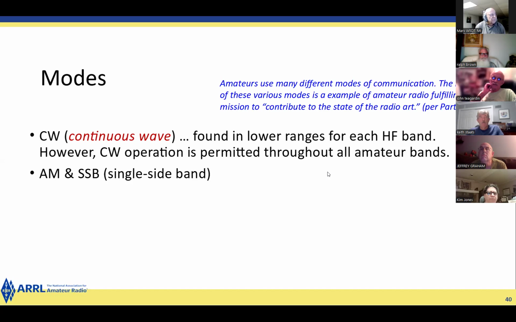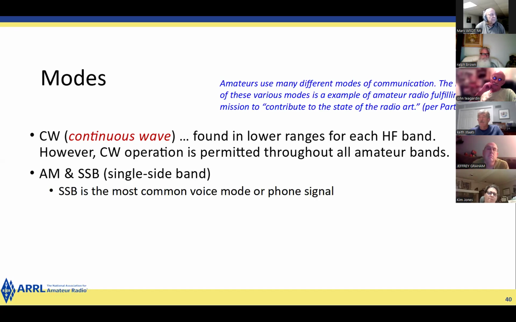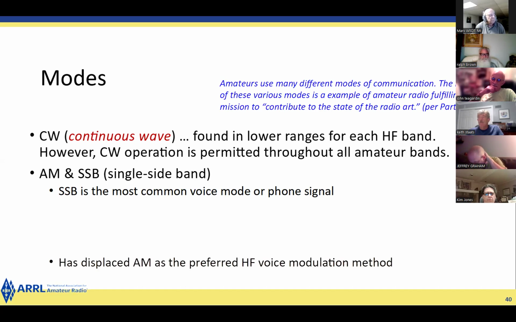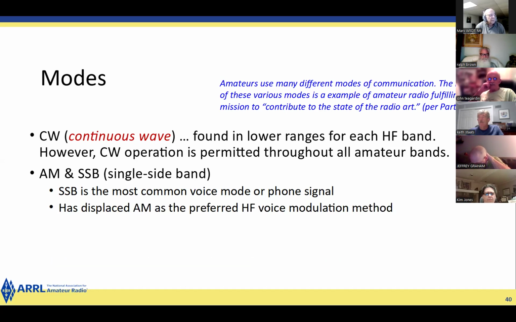Then there's AM, single sideband, SSB. And, well, of course, single sideband is the most common voice mode. It's displaced AM, which was the preferred HF mode.